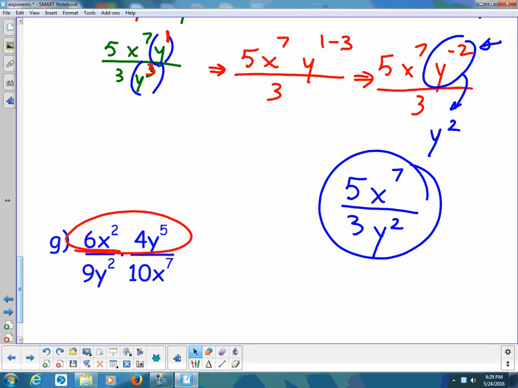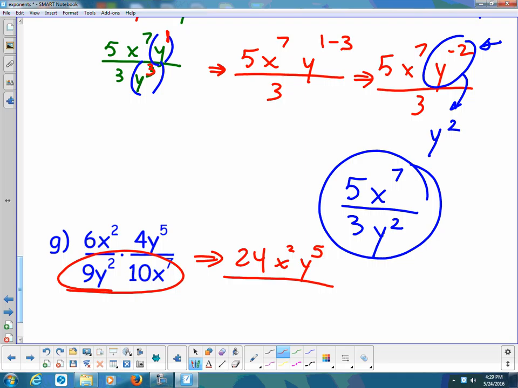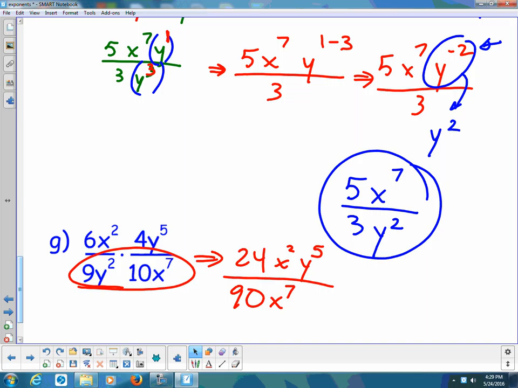In multiplying my numerators, I got 6 times the 4 is 24, and I've got x to the 2nd times y to the 5th. And if I multiply my denominators together, 9 times 10 is 90, and I've got an x to the 7th and a y to the 2nd.